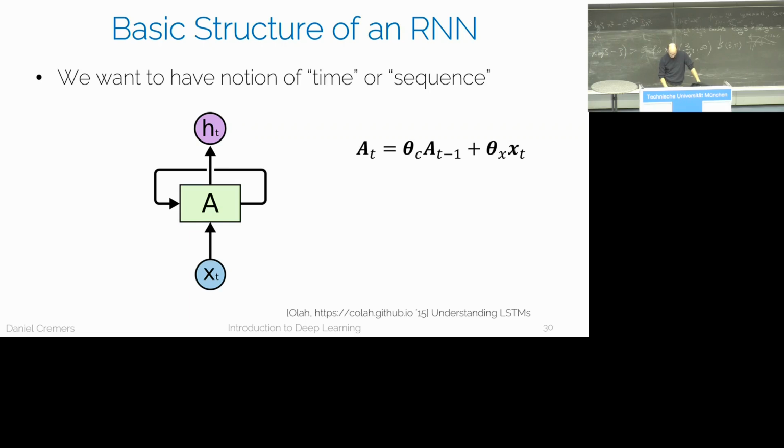So the state at time t will be fed into the state for time t plus 1. And if you want to do it linearly, for example, you can say the state at time t is a linear combination of the state at time t minus 1 and the input at time t.